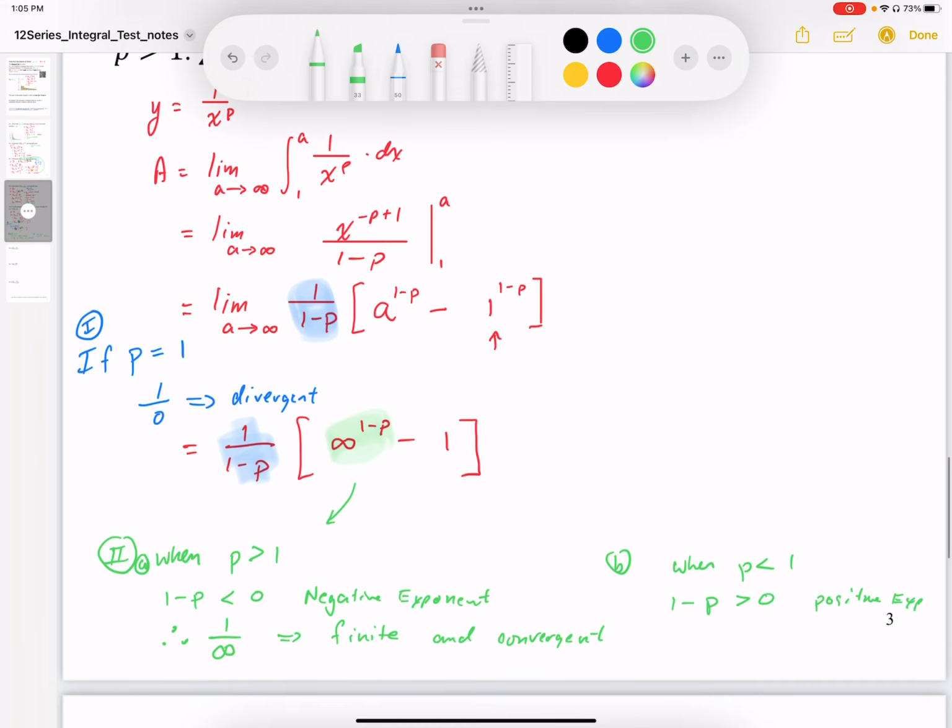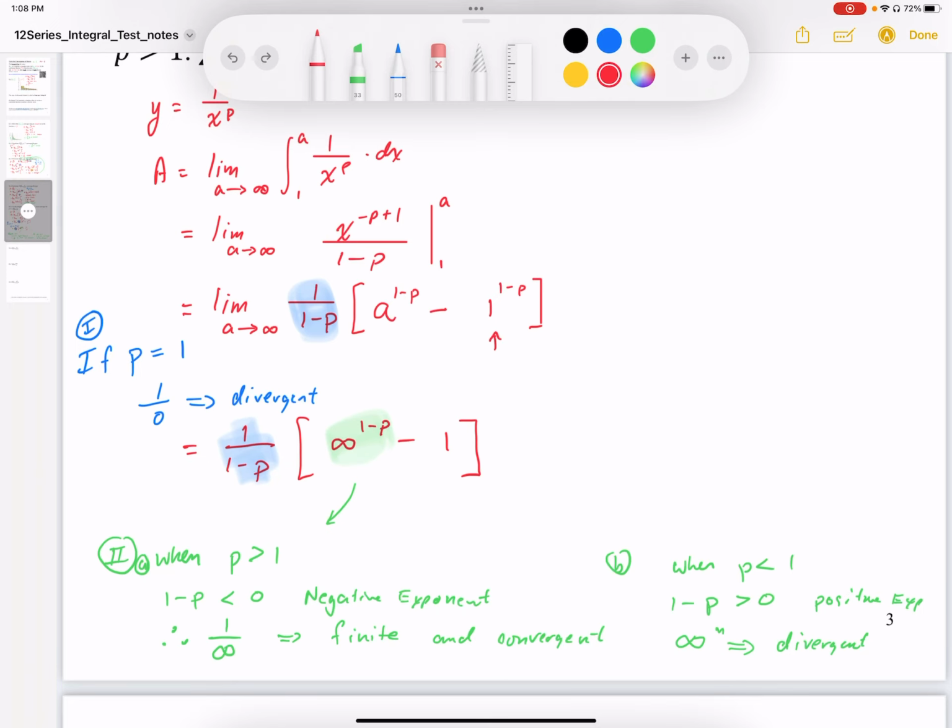If it's a positive exponent, then that expression ends up with infinity to some power. We'll call that infinity to the power n. That means it must be divergent because it's an infinite sum. Or in this case, it's an infinite area, which we can translate into an infinite sum.